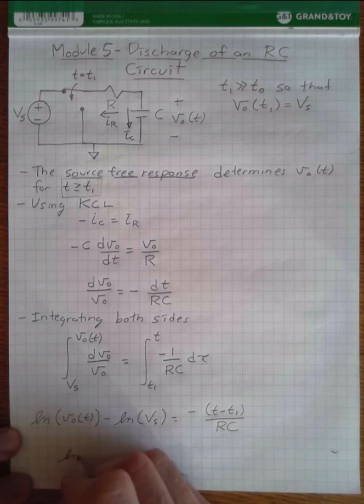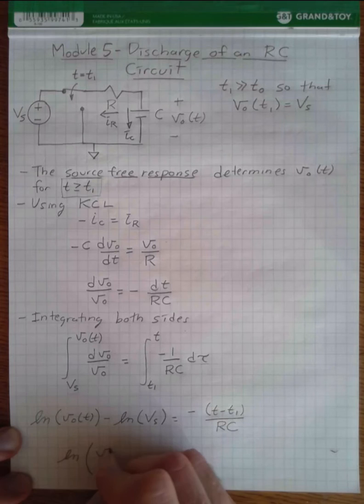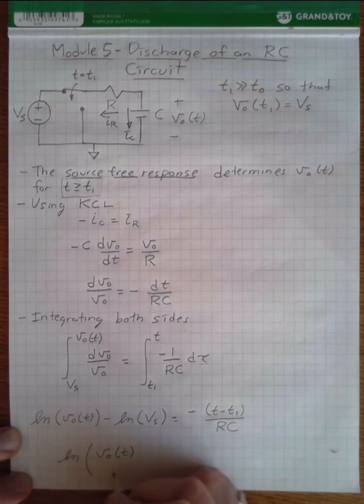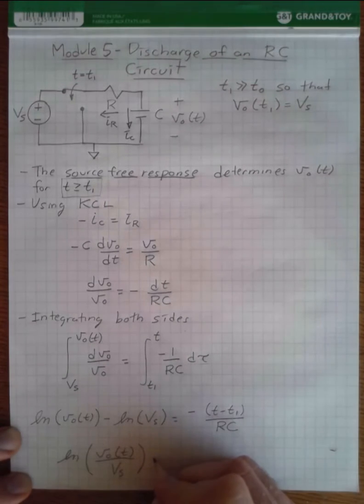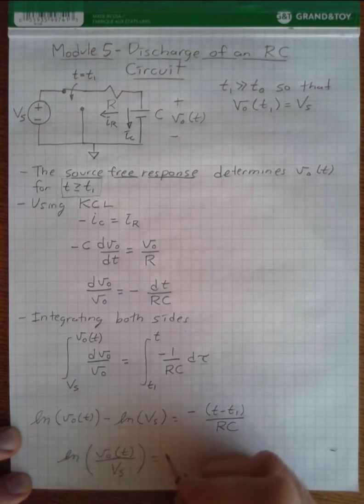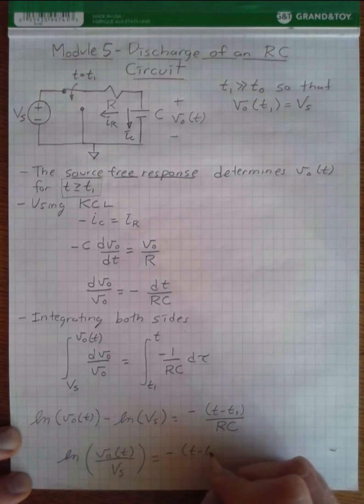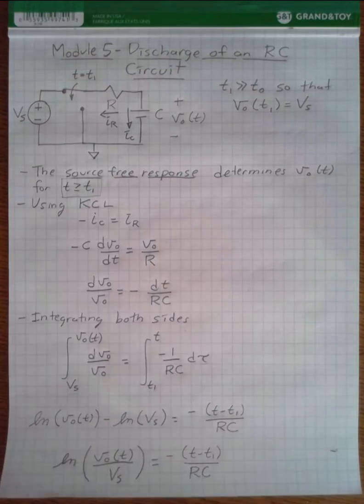Using our property of logarithms, exactly like we did in module 4, we can write this as the natural log of V naught at time t divided by Vs is equal to minus t minus t1 over RC.